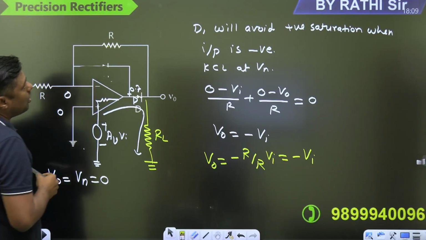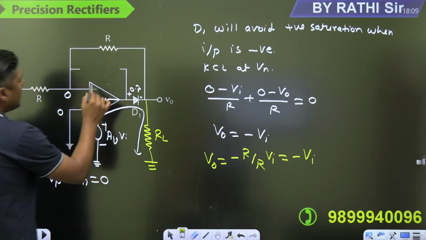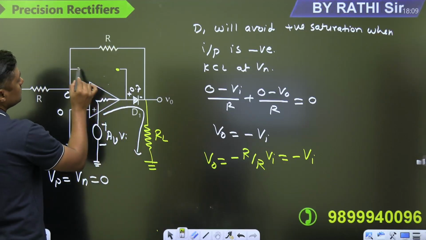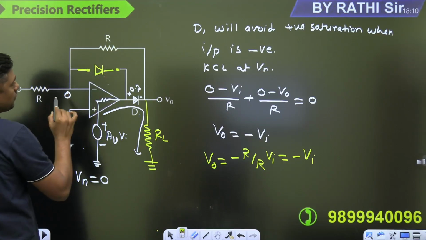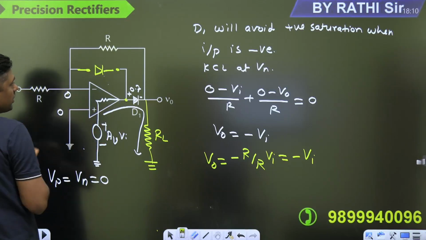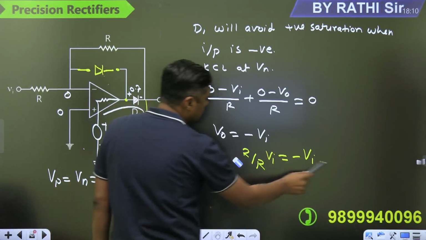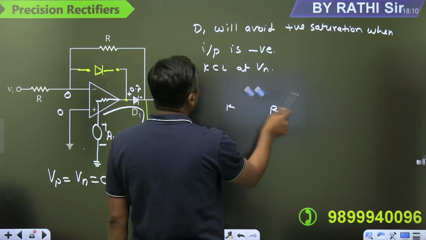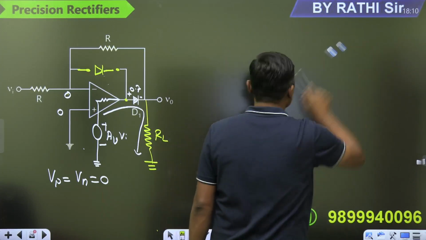For example, this diode is off. Now watch this. What is the voltage at this point, and what is the voltage at this point? 0. So you can find the PIV for D2.